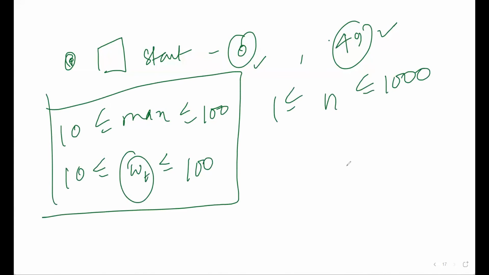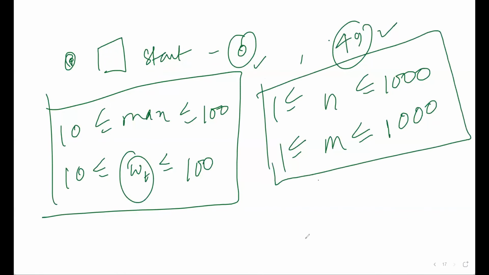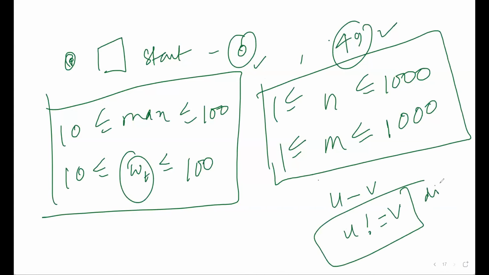Minimum is 1, and the number of roads can obviously be up to 1000. Okay. So these are the constraints given to you. And it is also mentioned that the roads are from U to V, so here square U and square V are distinct. You cannot go from the same square to the same square.